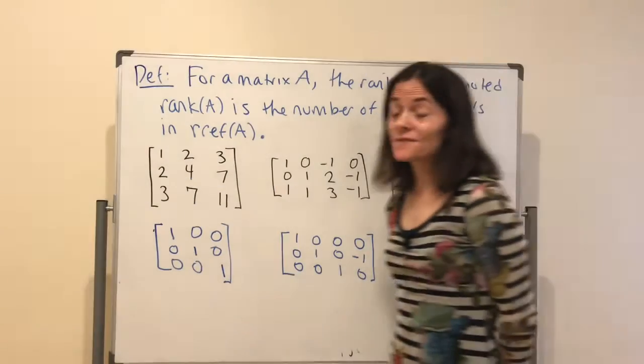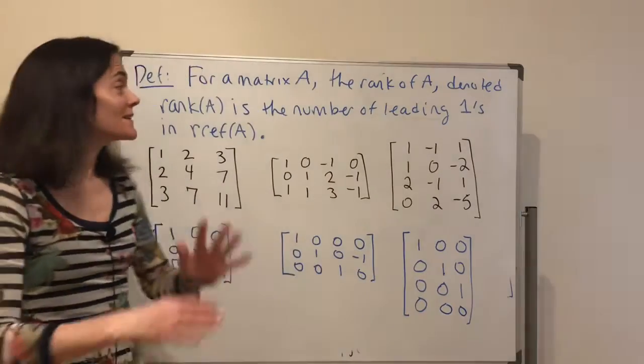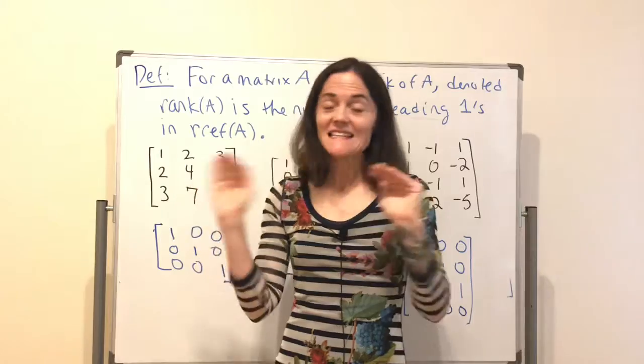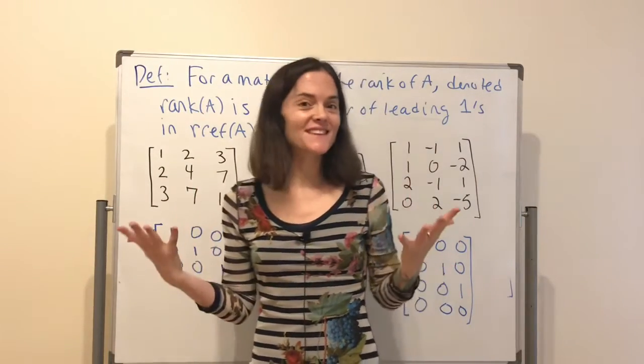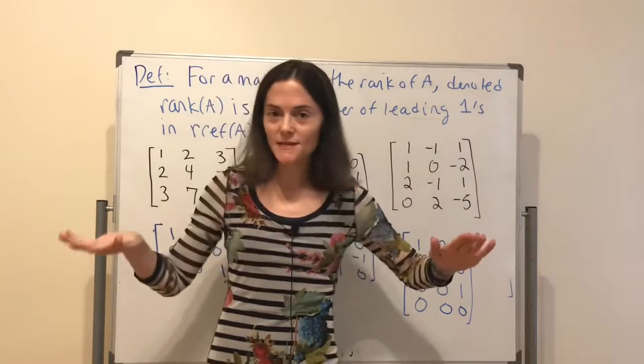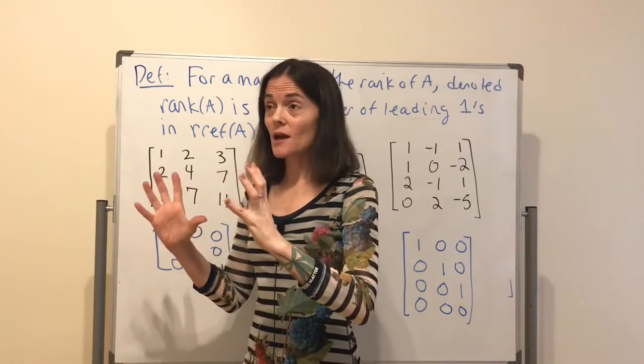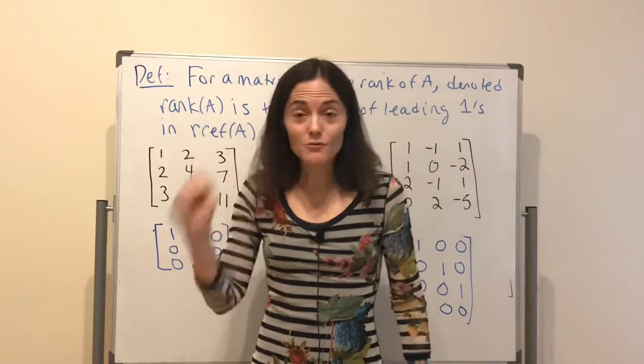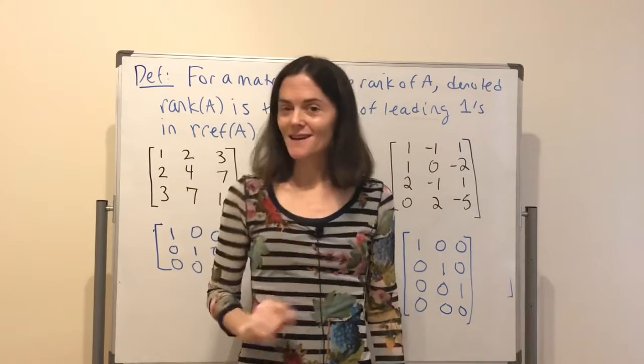Well, what I'd like to define is something called the rank of a matrix. This is for a matrix. It's not for a linear system, because every linear system has really two matrices: the coefficient matrix and the augmented matrix. So this notion of a rank is of a matrix, okay?